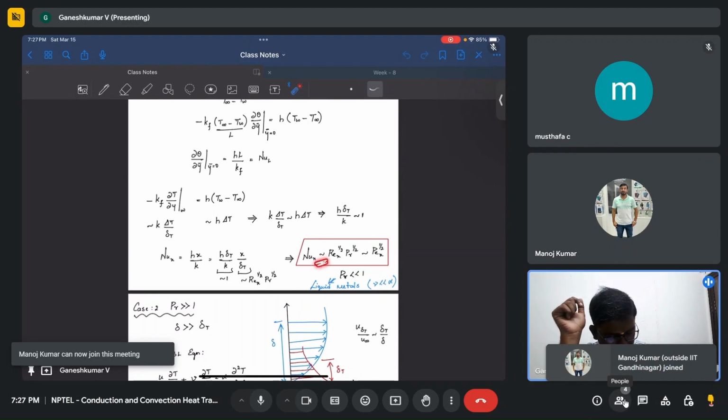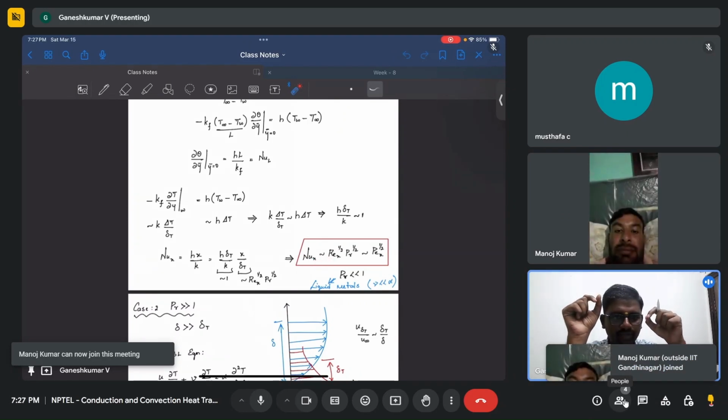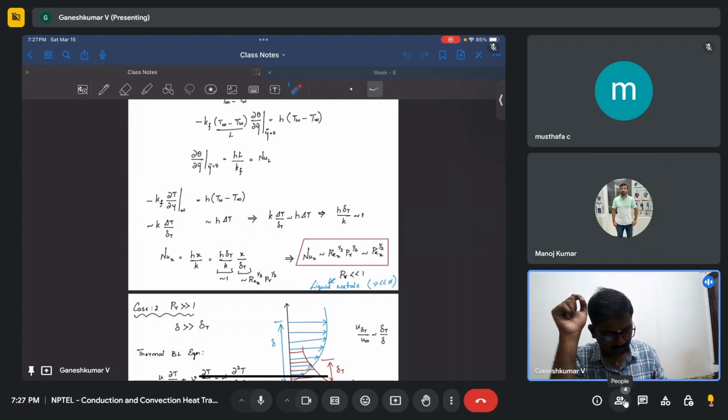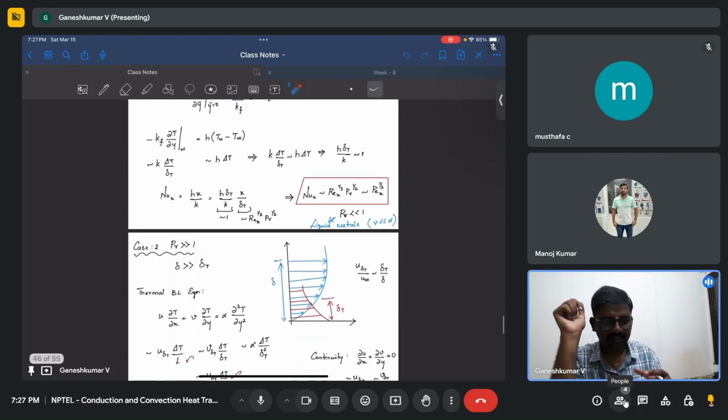You should note this: the Nusselt number is going to be a function of Reynolds number power half and Prandtl number power half. We still don't know what the exact relation is. The exact relation we will know when we solve the equation based on the momentum integral theorem.